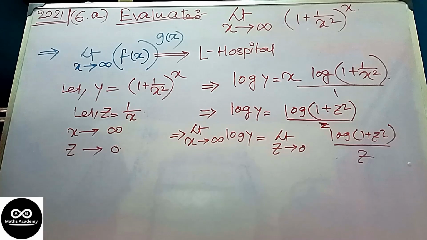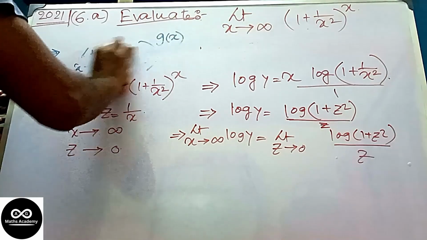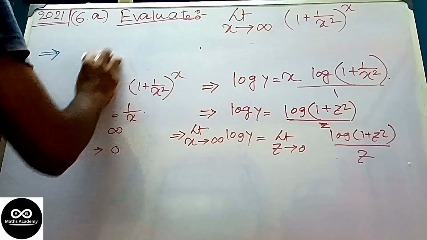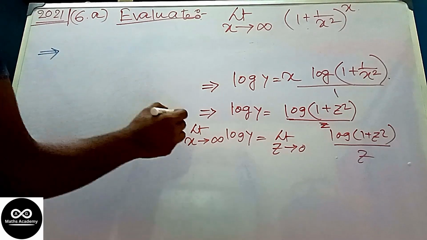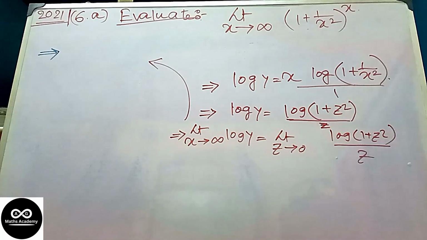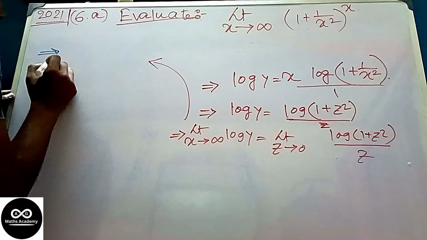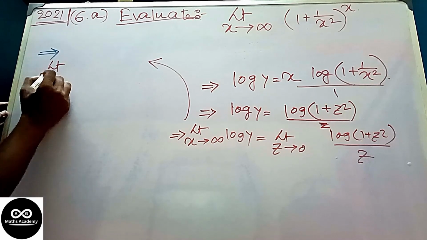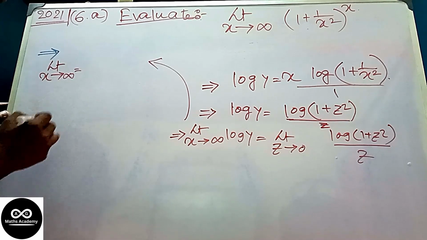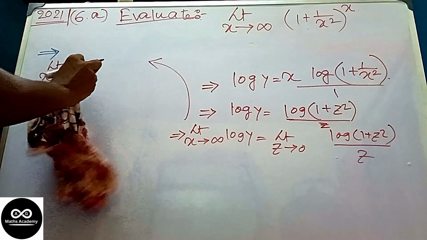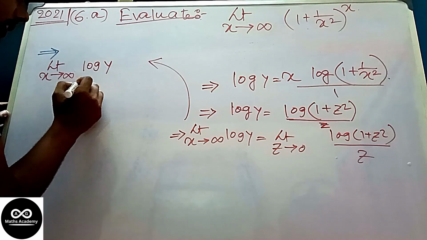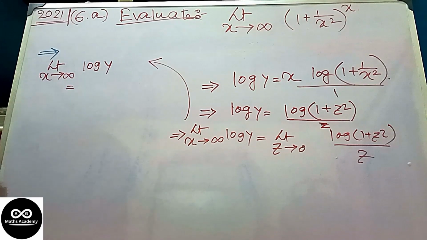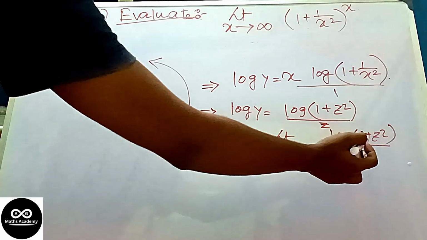So let me clear this one. So now what do we get? We get limit x tends to infinity log of y is equal to, okay, now we're putting z equal to 0.